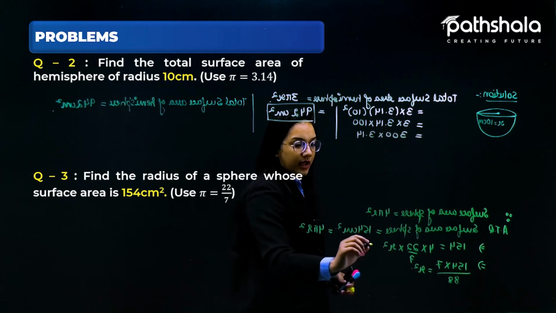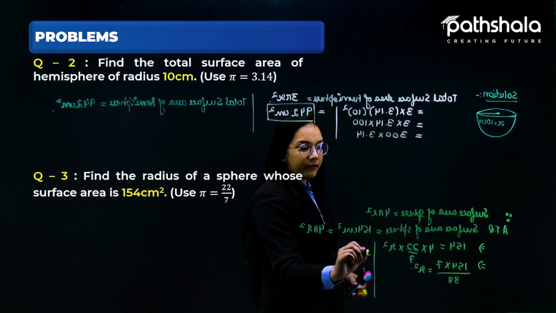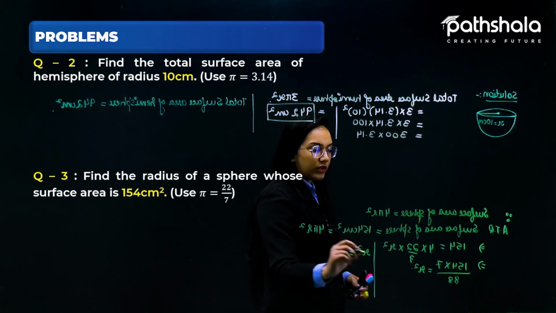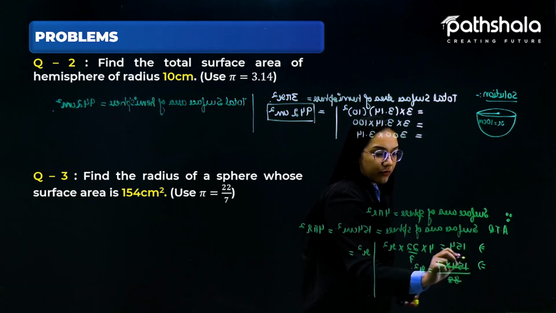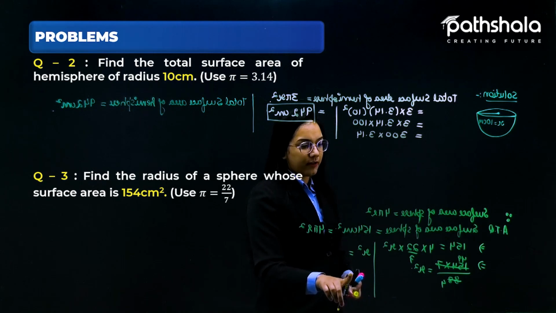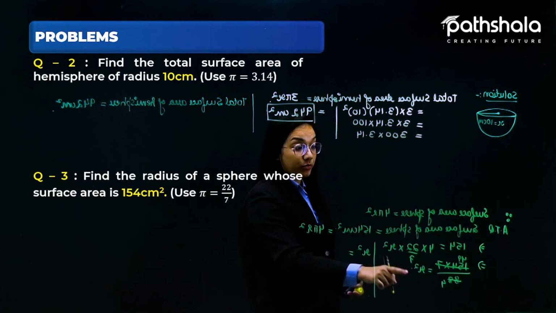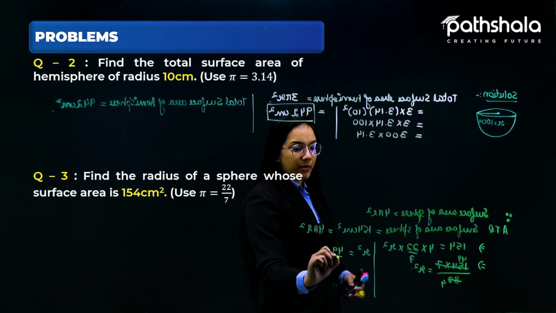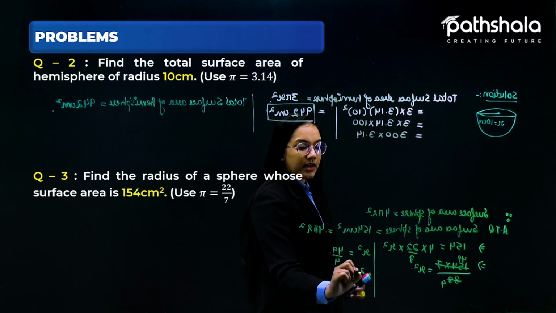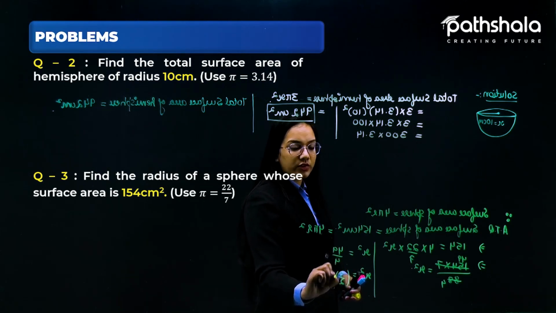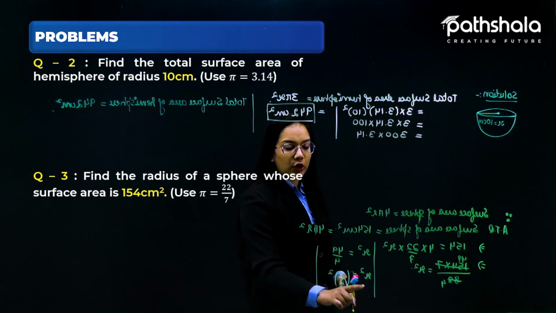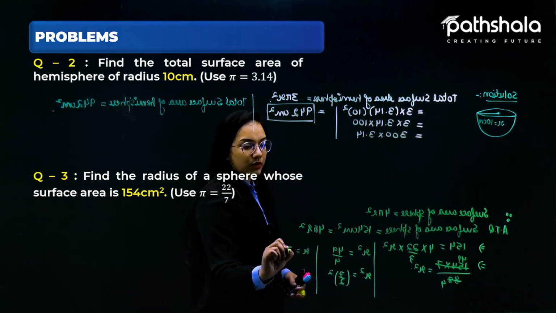At the end when I sort it out, I get r square equal to 49/4, and we can write it as r square equal to 7/2 whole square. Comparing both sides, we get r equal to 7/2.